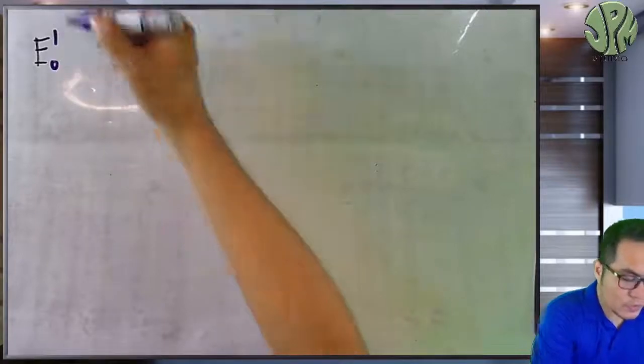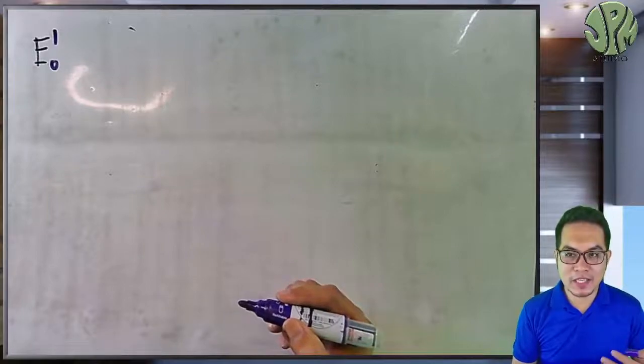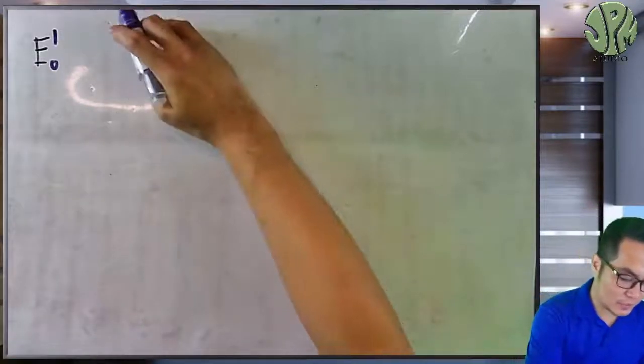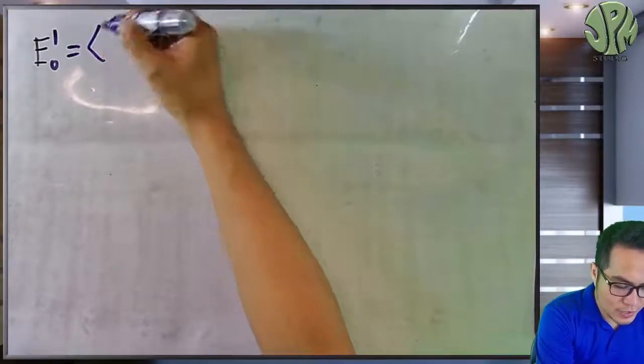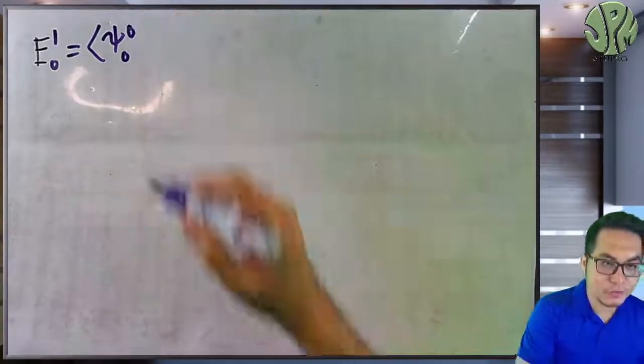So the first order correction in the ground state is E01, because we designated E00 as our ground state. So this is actually just the ground state, which is psi 00.